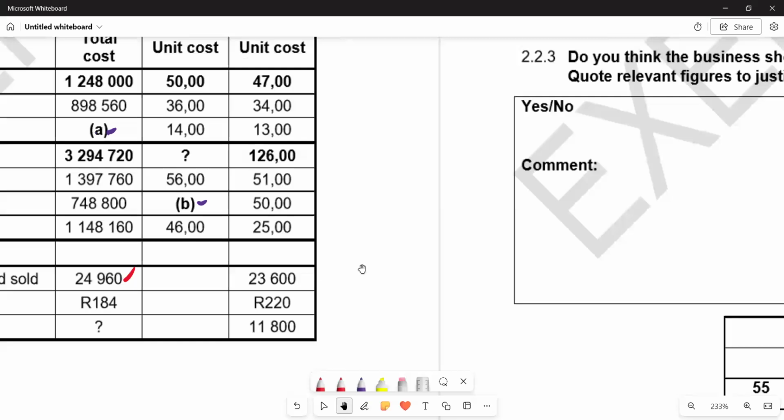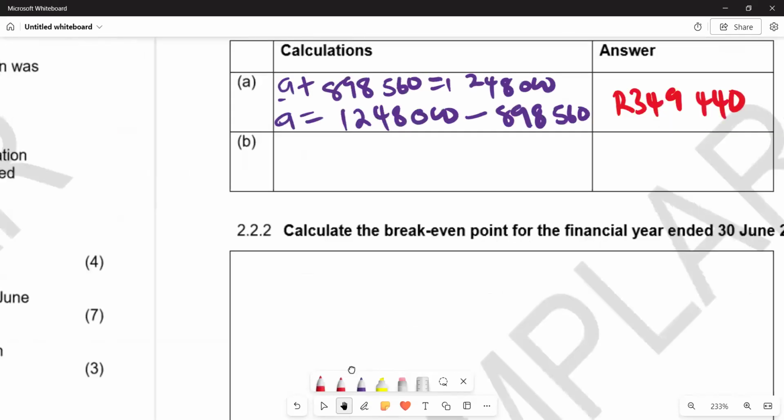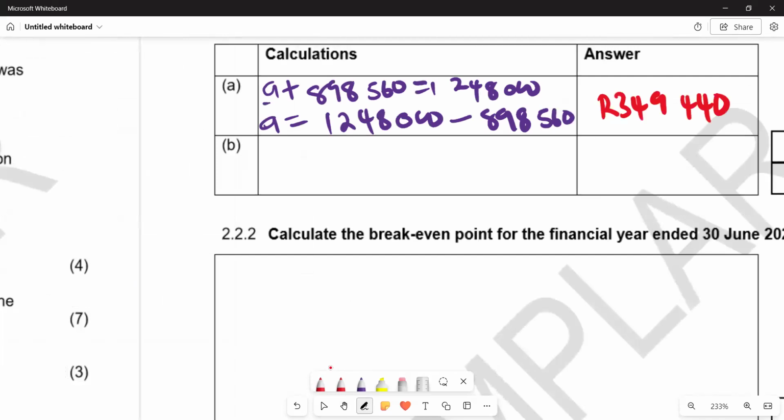So we come here. We say 748,800 divided by 24,960, which is the total number of units, and we get 30 rand.